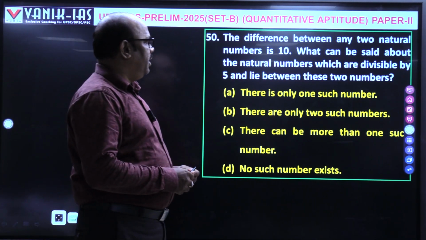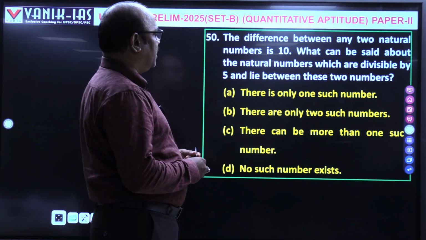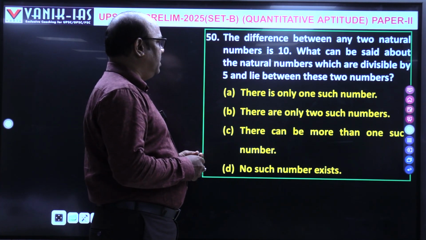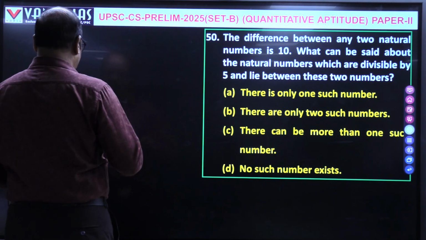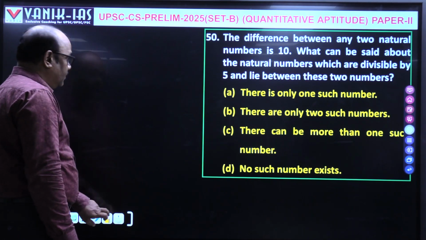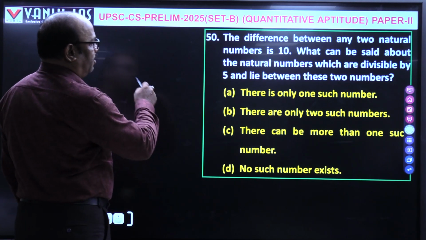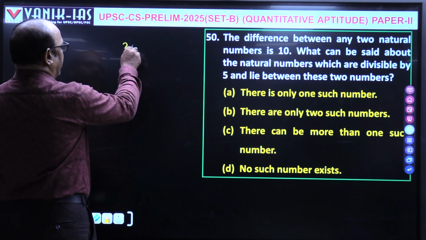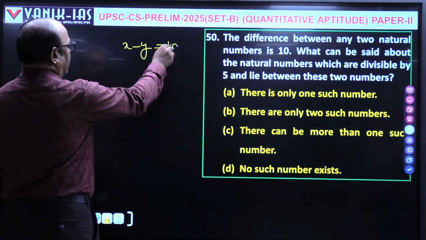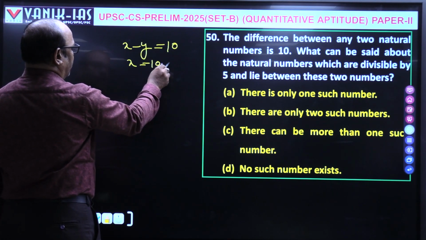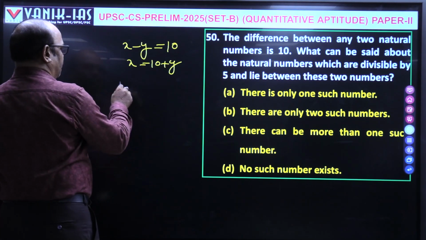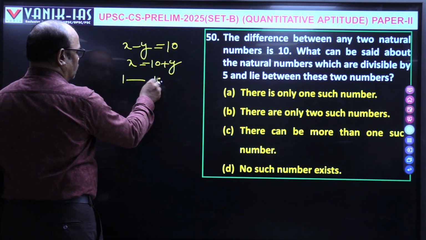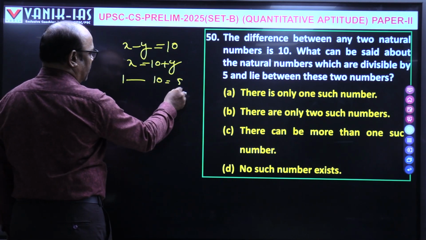The difference between any two natural numbers is 10. So what can be said about the natural numbers which are divisible by 5 and lie between those two numbers? If the difference between two natural numbers is 10, x minus y is 10, that means x is equal to 10 plus y. Then a number divisible by 5. Suppose I say 1 to 10, so two numbers are divisible by 5, that is 5 and 10.